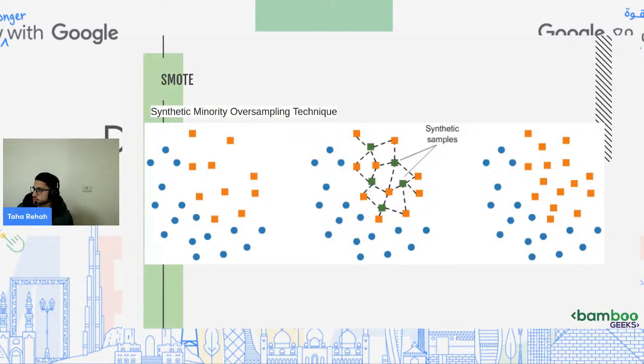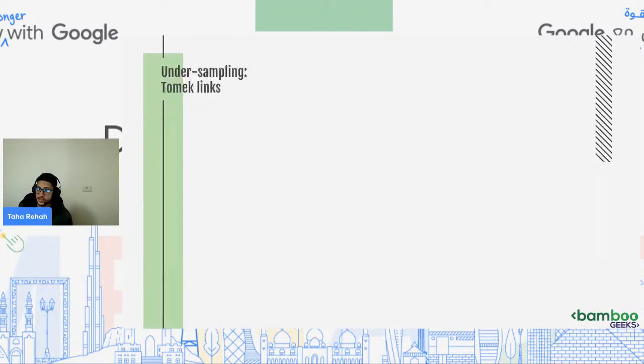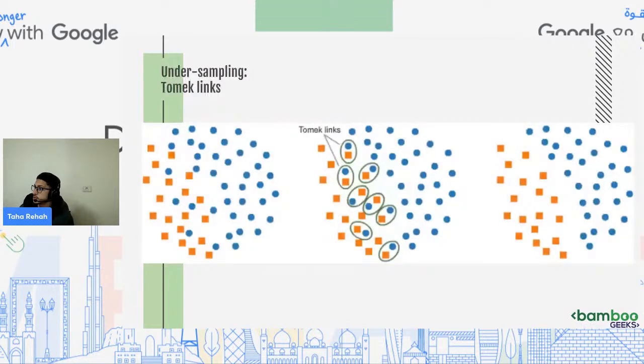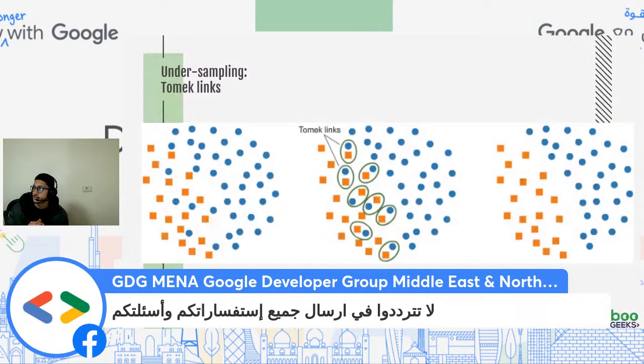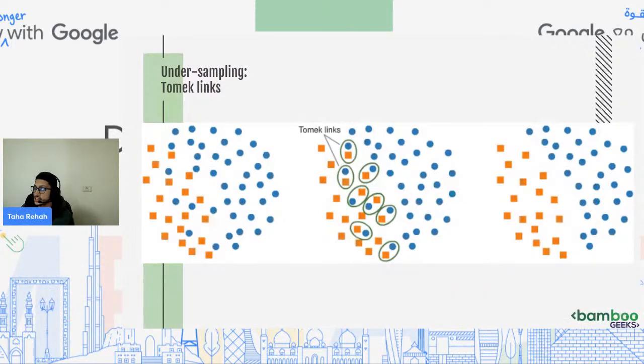Okay, so let's move to the other technique, which is Tomek links. SMOTE was for oversampling. Tomek links is for undersampling. Tomek links is a method that is going to delete some points from our datasets so that it undersamples, but it's not randomly deleting.